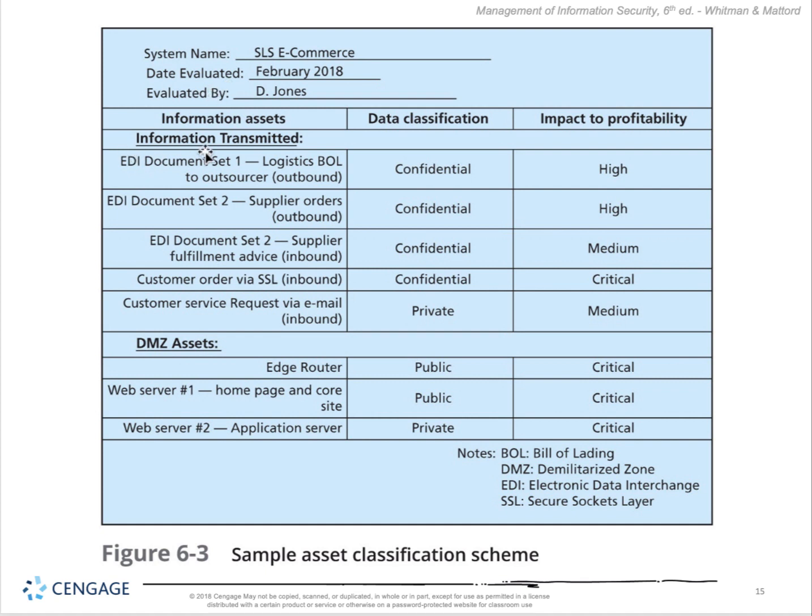So, for example, as far as data, this is one way of doing it, right? Very technical. You want to classify your data or classify your digital services, right? So you have a data classification and you have the impact to profitability.